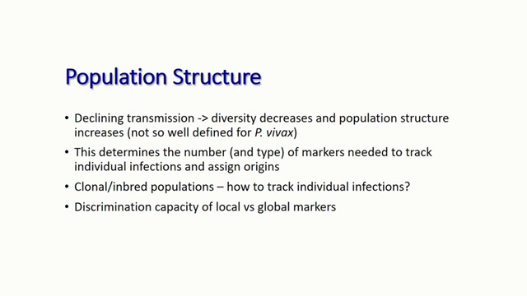And also, one thing we have to think about is the discrimination capacity of markers that have been defined from a local parasite population. So I'm going to be talking about defining local SNPs from Papua New Guinea and comparing that to the discrimination capacity of globally defined markers.